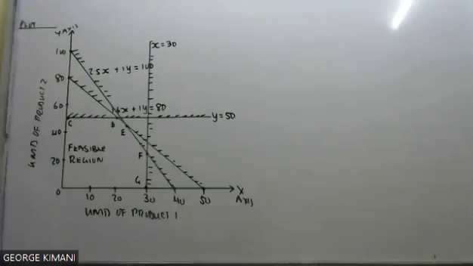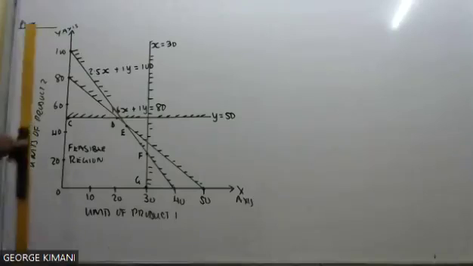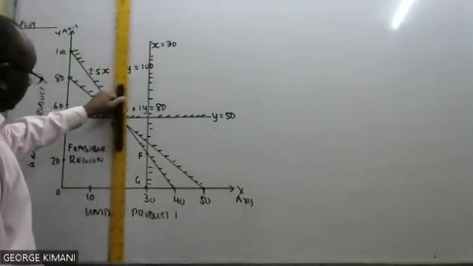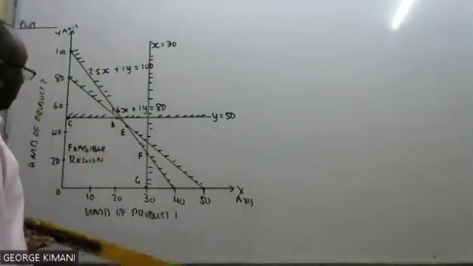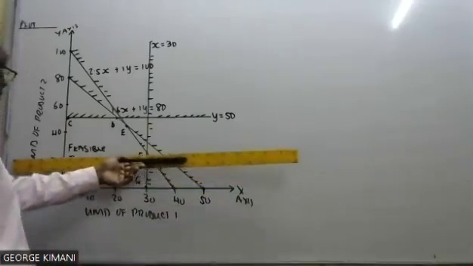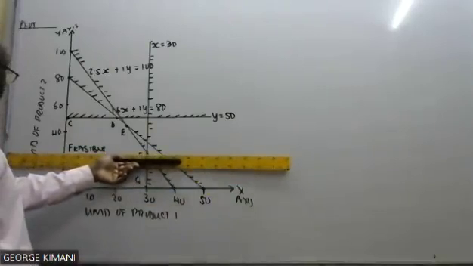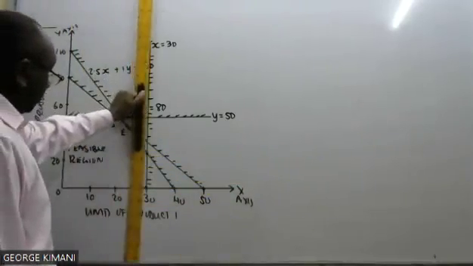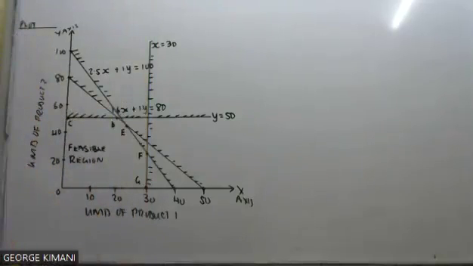Which corner is farthest from the origin? Corner E or corner F? Which corner?